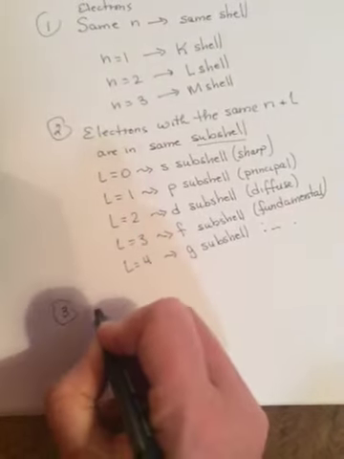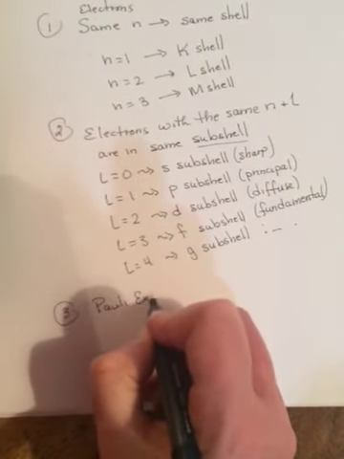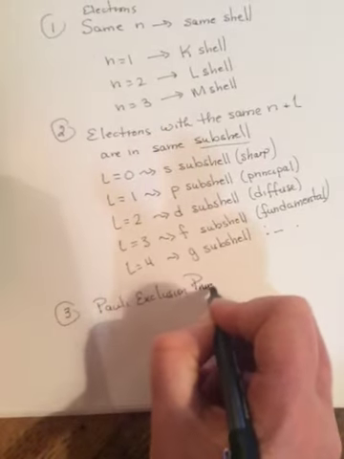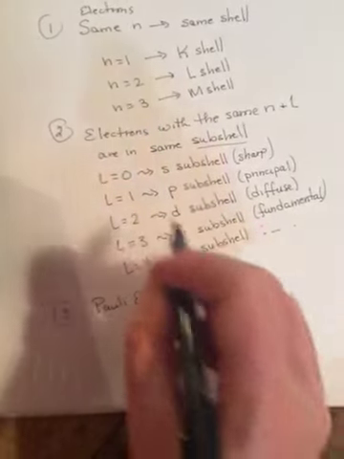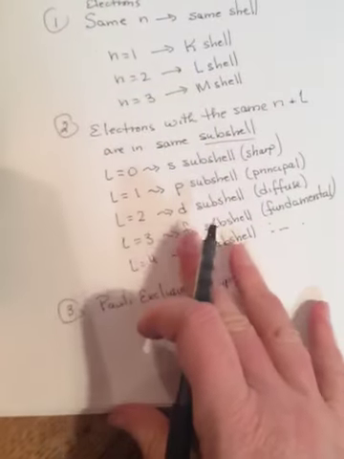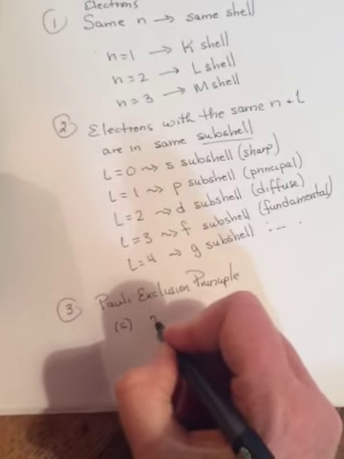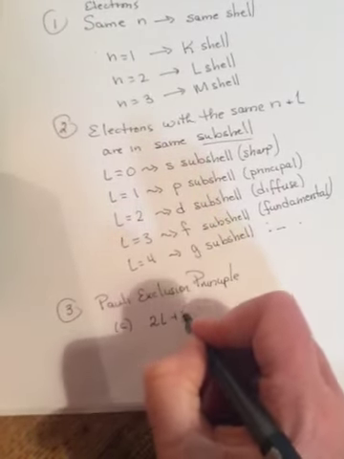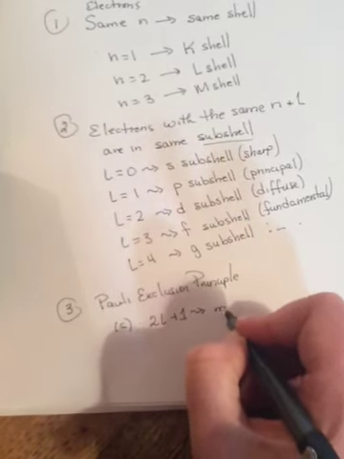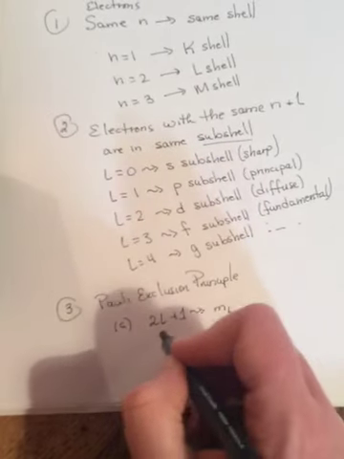All right, so then with the Pauli exclusion principle, we can figure out how many electrons can be in these shells. The first part of the exclusion principle tells us there can be 2L plus 1 different values of ML. If L is 0, then there can be 1 ML.